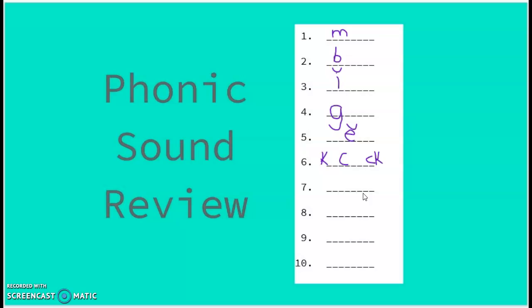Number 7, Z. Remember, there are 2 for number 7. Right, Z and S. We code this S with a line through it. Number 8, A. Right, A, and it's a short vowel.